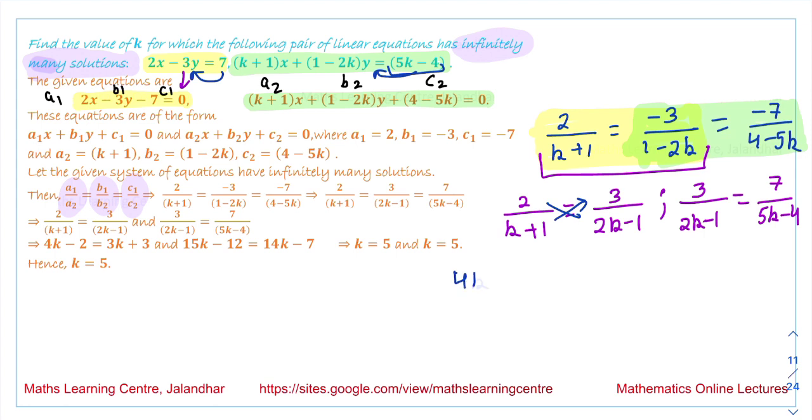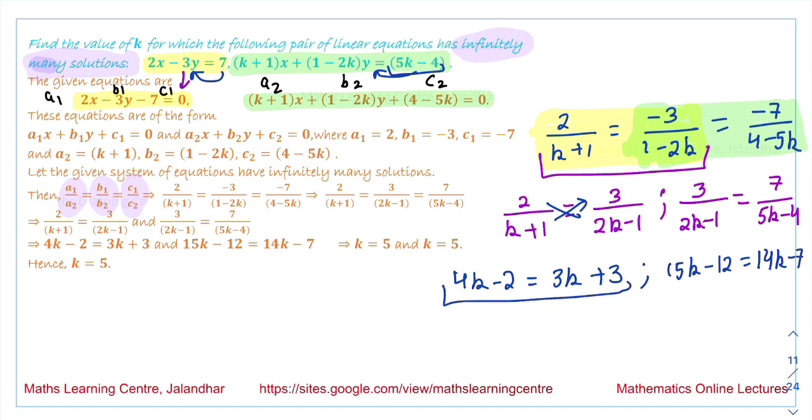We get 4k minus 2 is equal to 3k plus 3, and 15k minus 12 is equal to 14k minus 7. From this we get the value of k is equal to 5. So we are saying for k equal to 5, the given equations have infinitely many solutions.